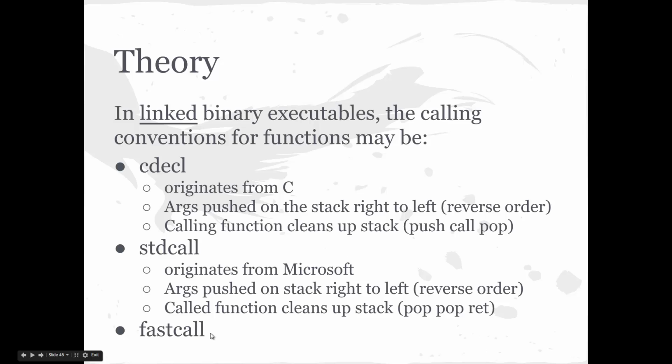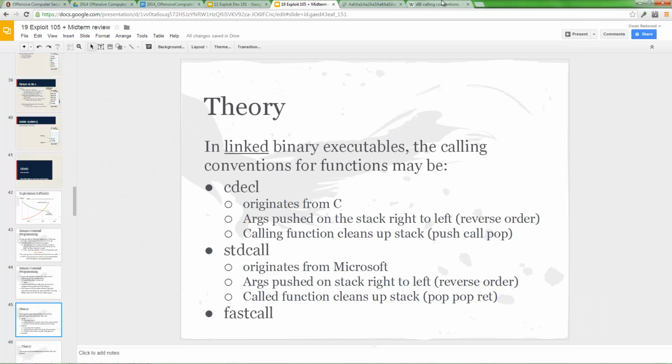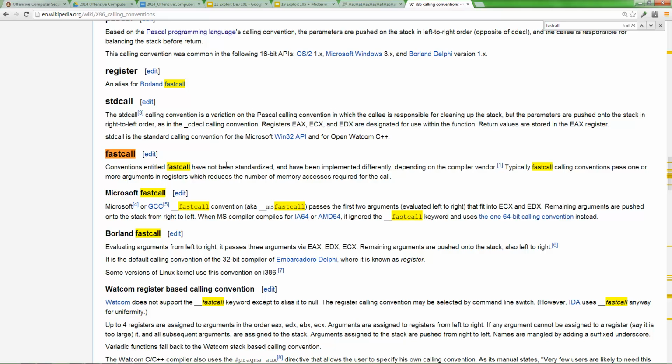Fast call, actually let's go to Wikipedia about fast call, because there are a number of different implementations. So when I say fast call, there's not one right answer or implementation I'm identifying. According to Wikipedia, conventions that are called fast call have not been standardized, and there are different implementations, and it depends on the developers of whatever compiler is using this.